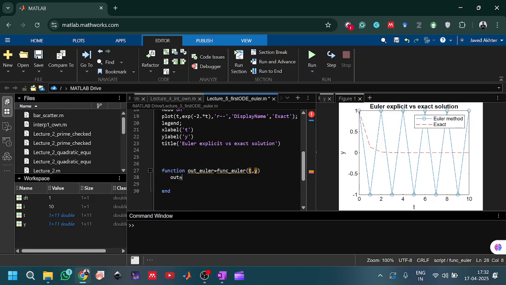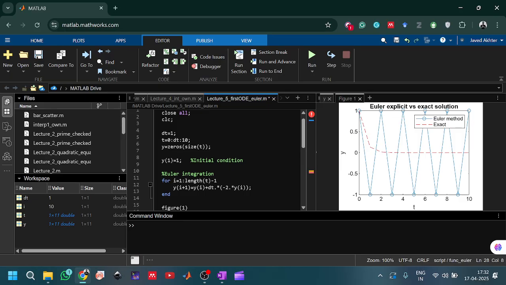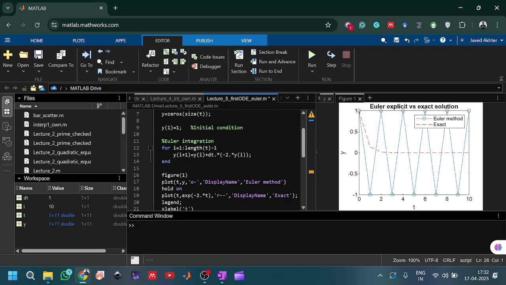So what is the functional form here? Do you need to define anything here? Nothing else. So this is just minus 2y. So write minus 2y, and you can write down the function here, function Euler. And order is important.